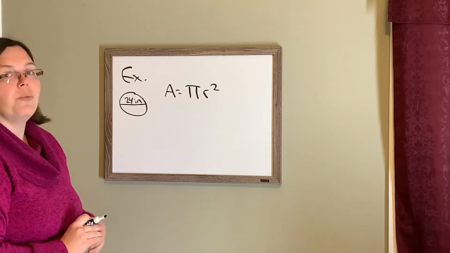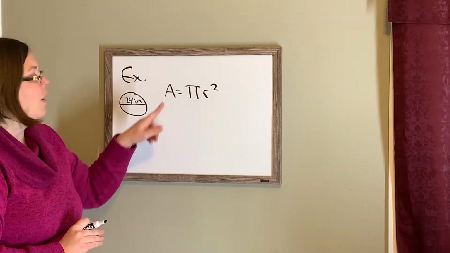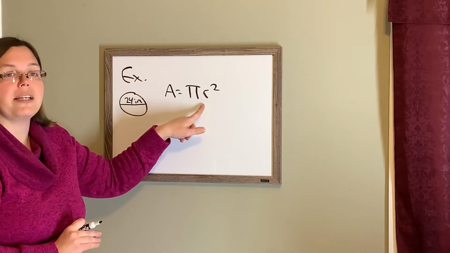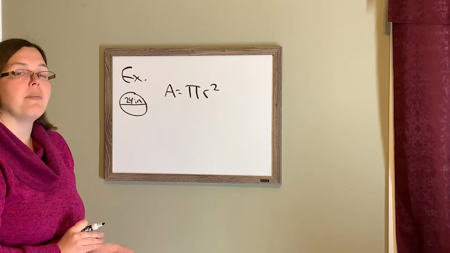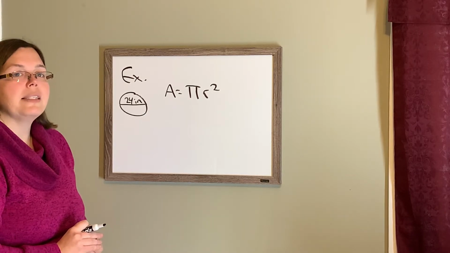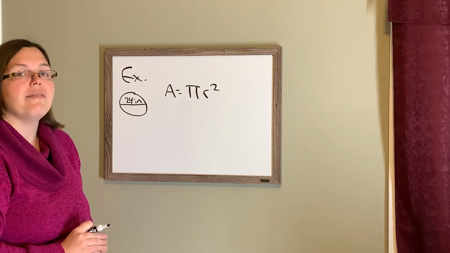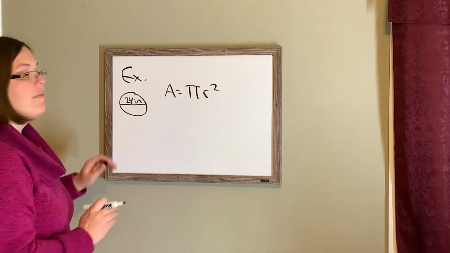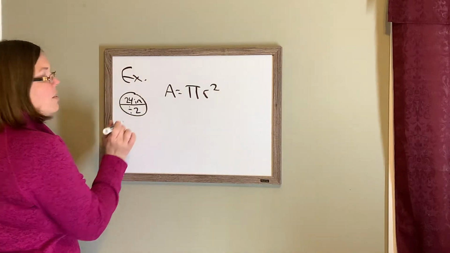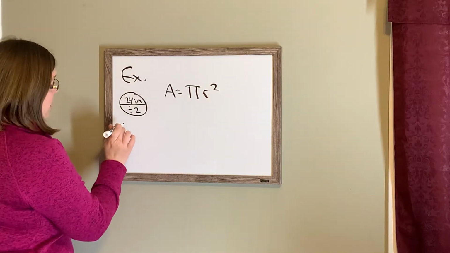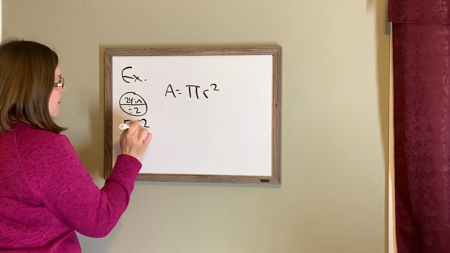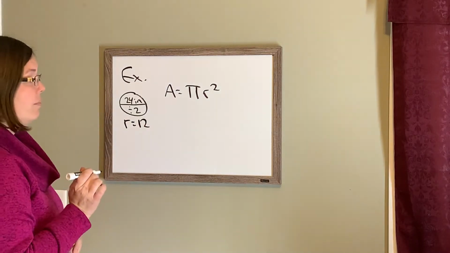In this case, we have a diameter. Our formula only uses radius. So I have to think back to that fact of how do I change a diameter to a radius? And since I know that radius is half the diameter, I can simply divide this by 2 to cut it in half. And we know 24 divided by 2 is 12. So my radius of this particular circle is 12.